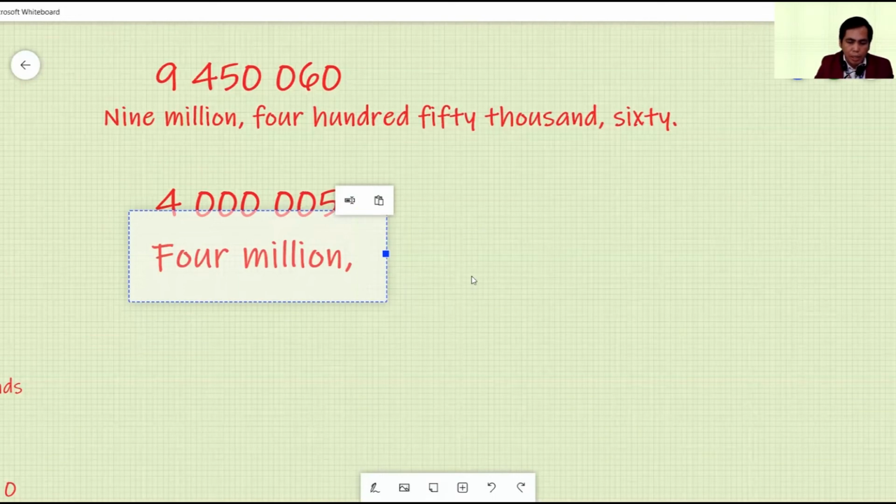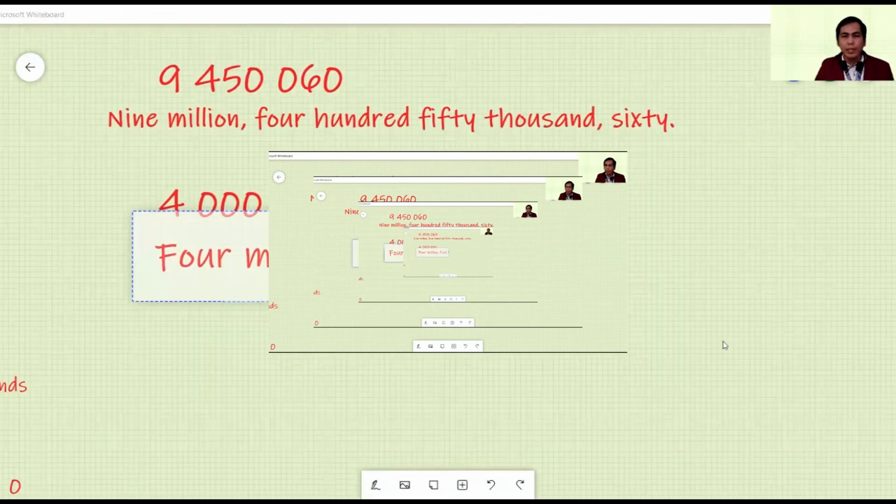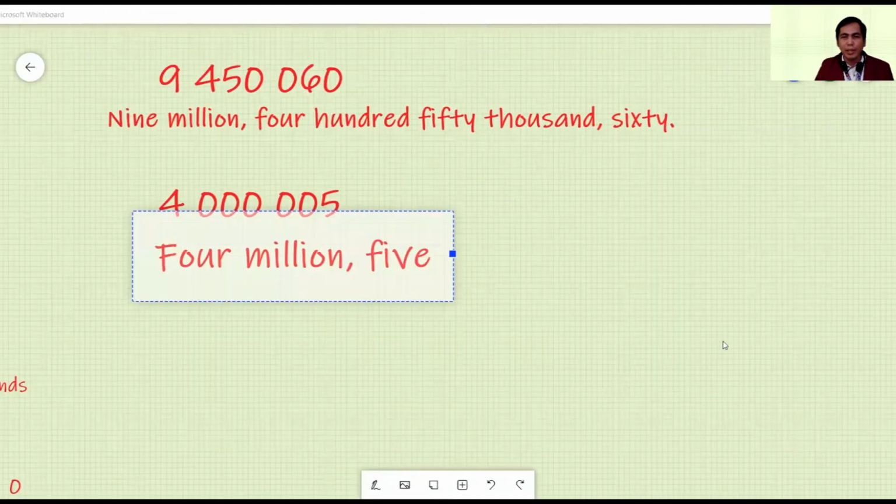So the numeral in the ones period is 5. So 5, we don't need to include anymore the period ones. So we have the numeral 4,000,005.